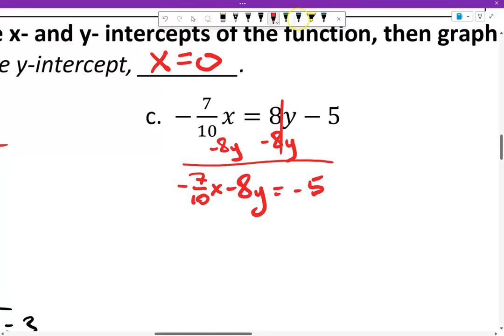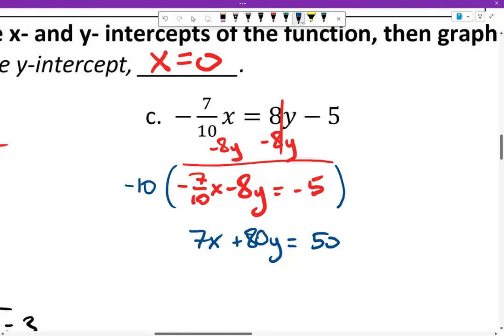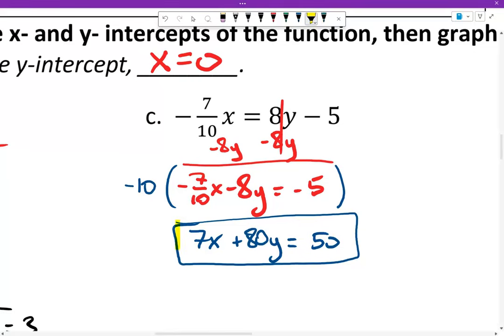Now to get rid of that 10 in the denominator, I'm going to have to multiply by 10. Because a here is negative, I'll also make it a negative 10. So we're going to get 7x plus 80y equals 50. No common factors here. That is my equation in standard form.